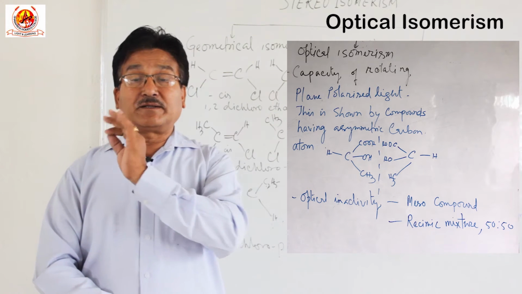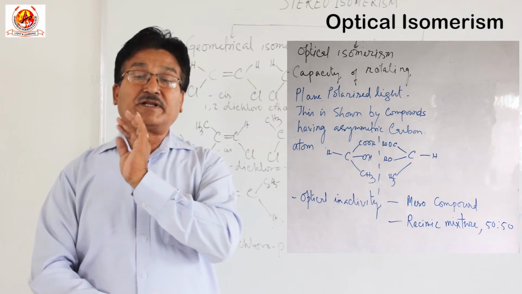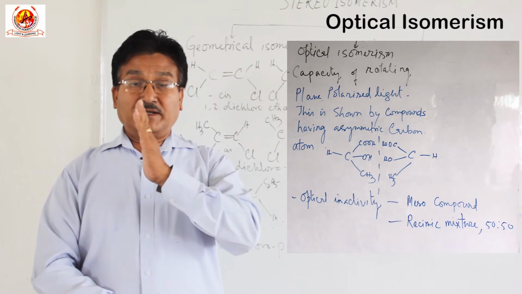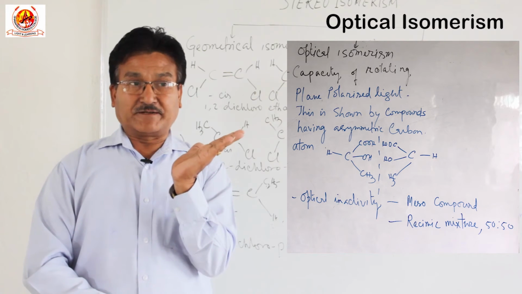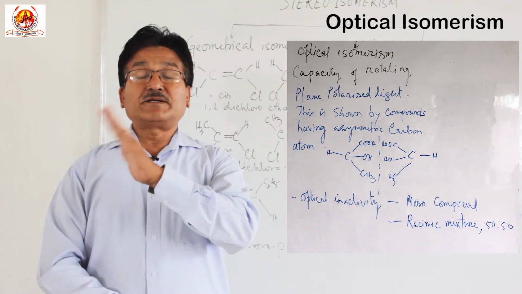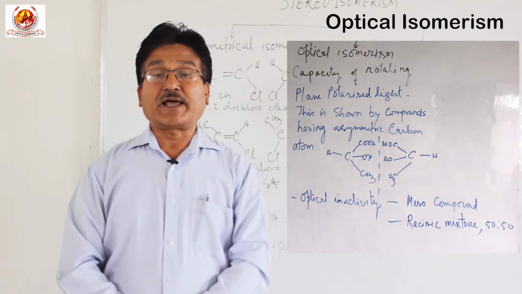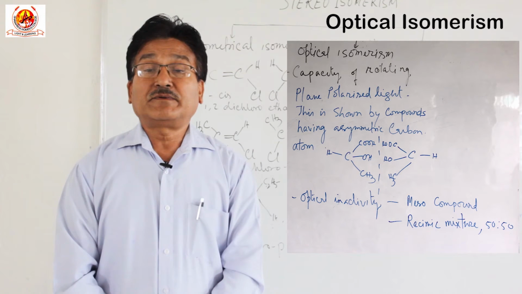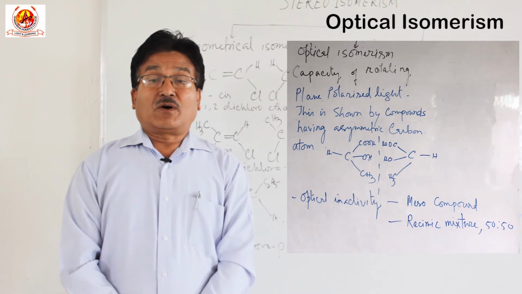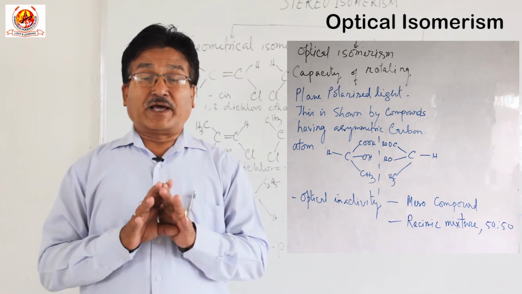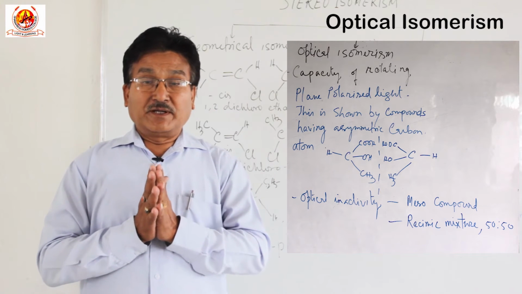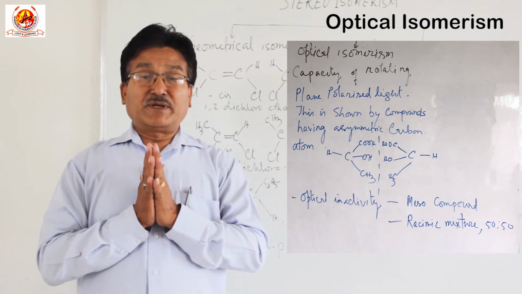The other one is negative L, which rotates to the left side. So one is D positive lactic acid and the other is L negative lactic acid. All have different groups and a mirror image relationship.